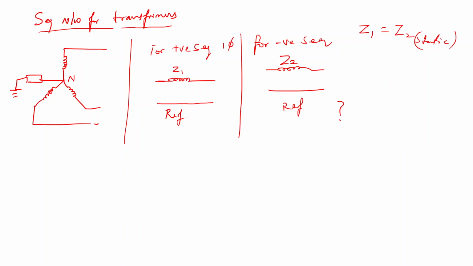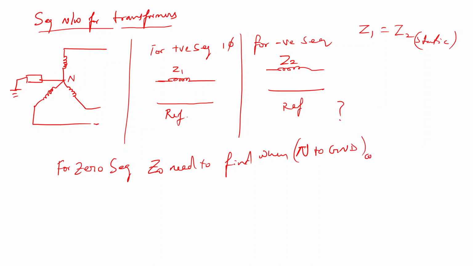Okay, and for zero sequence, especially for the transformer, there are two cases. Say for example, N to ground is connected, then zero sequence exists. We need to find out the Z0 value when N to G and D is connected.